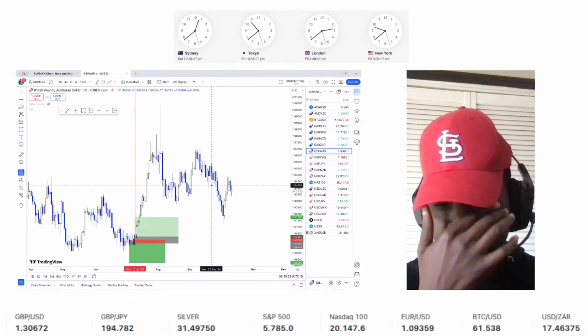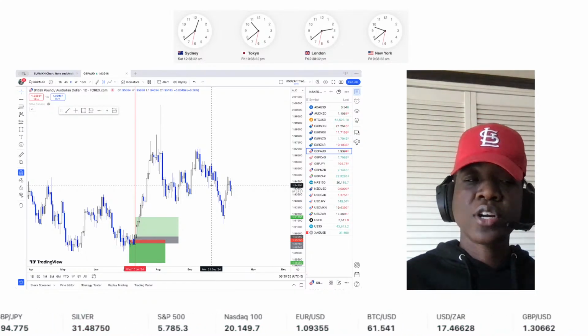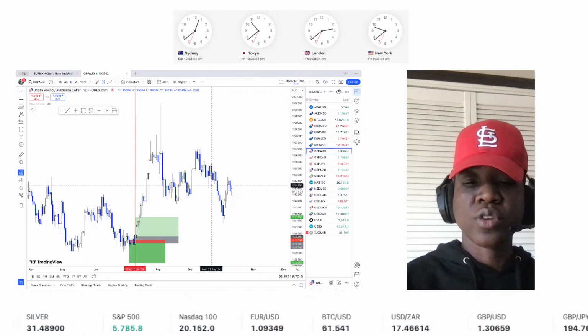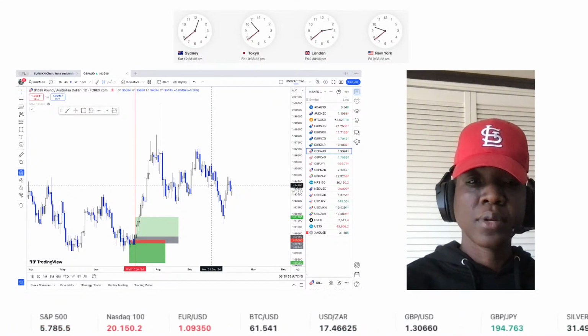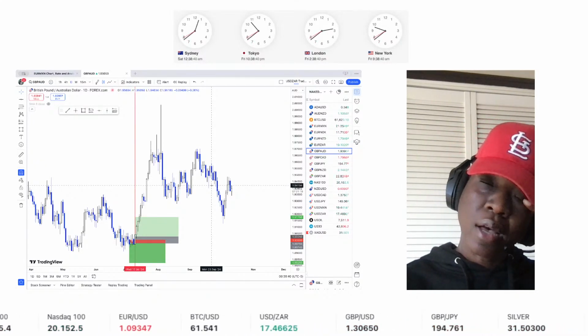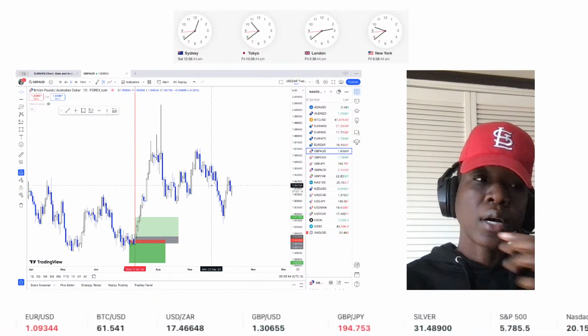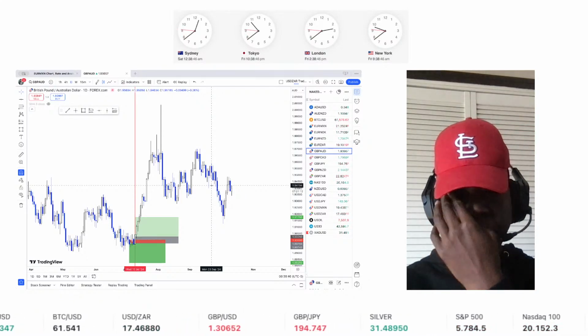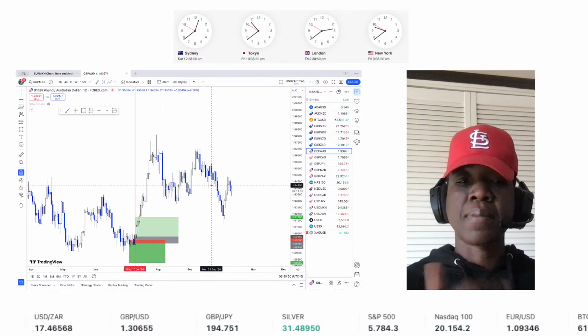But the point of the matter is, in your journey to being successful with trading, if you don't quit, if you don't give up, if you can get past the 3-year mark, because a lot of people do a year and that's where they kind of tap out.